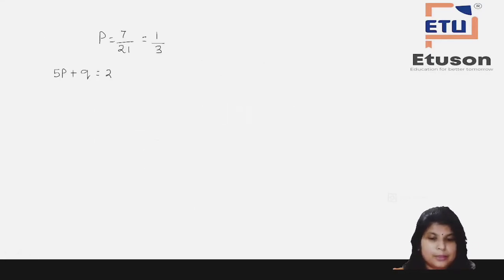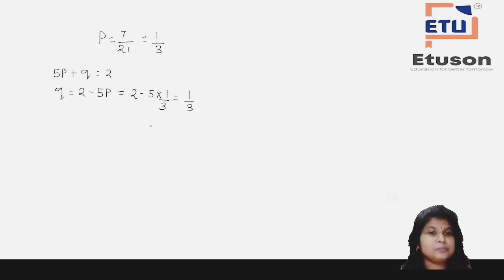I will put 1 by 3 in place of p. So what will be your q value? q is equal to 2 minus 5p, that is 2 minus 5 into 1 by 3. So for q also you are getting q is equal to 1 by 3.